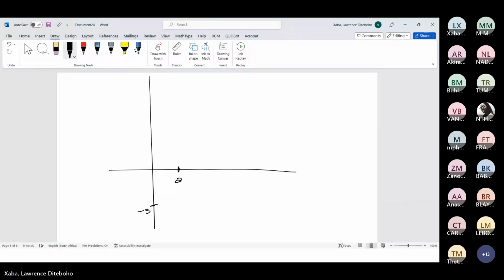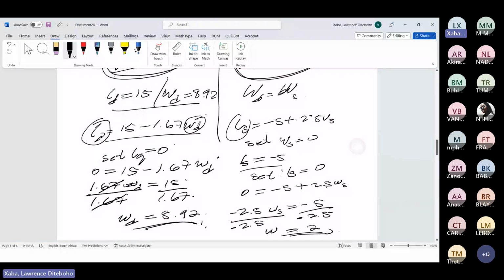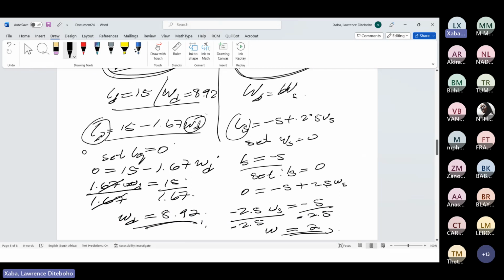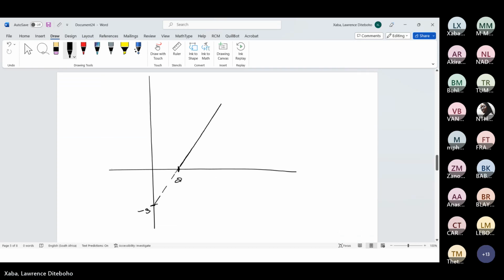So this is the line of supply, from the function of supply. So we have to do the second one, the line of demand. Now we have 15 there and we have 8.92. Let's put 15 somewhere here. Let's put 8.92 maybe here.